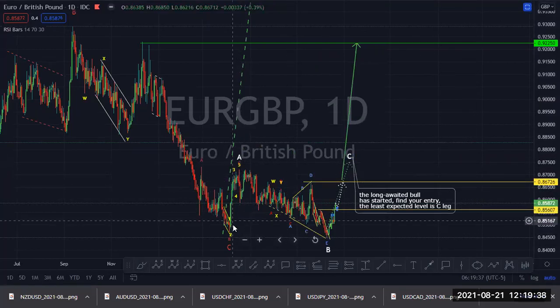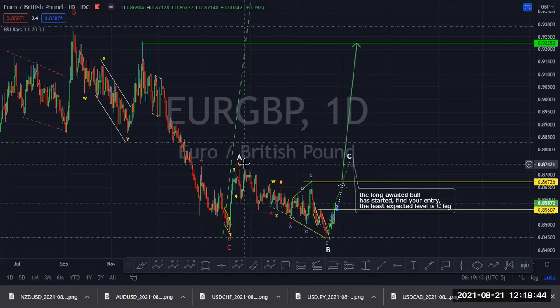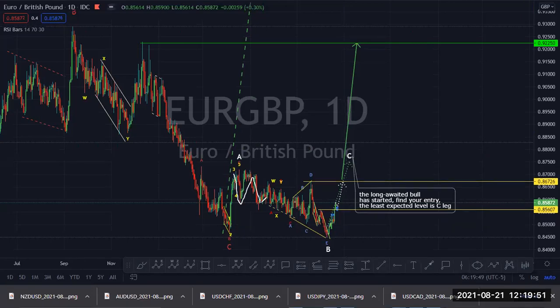We expected the buying to start here. But what happened? We got a sharp move instead of A, B, C, and continuation. I expected this A, B, C, then this. But it didn't happen. That shows you that a forecast may not always happen as you think it will.